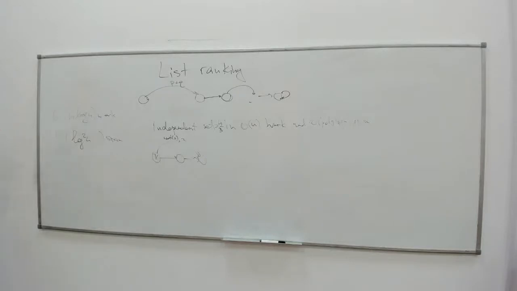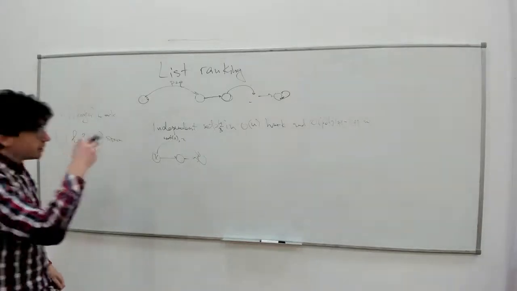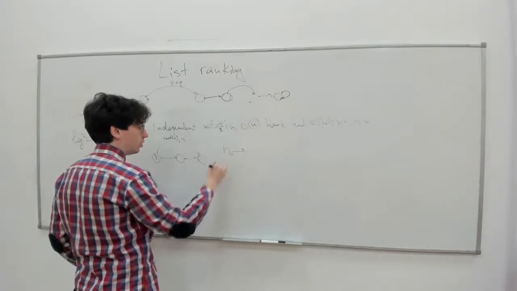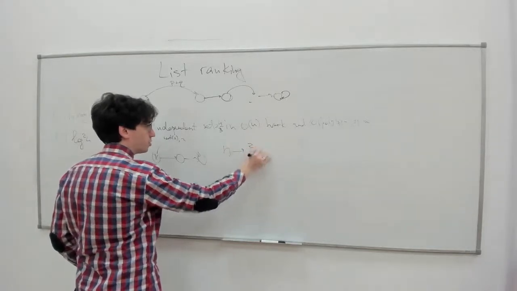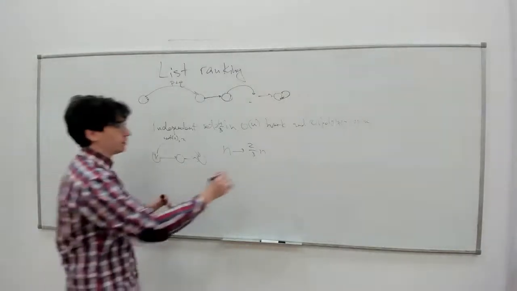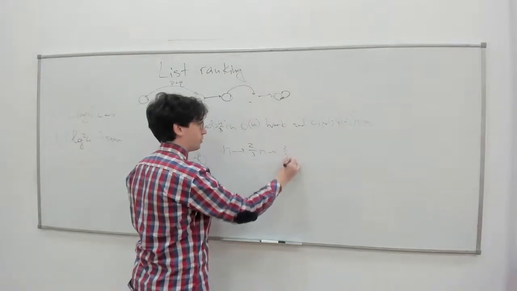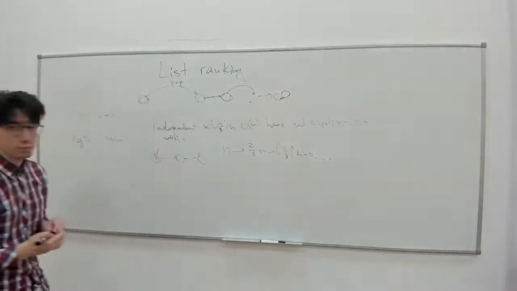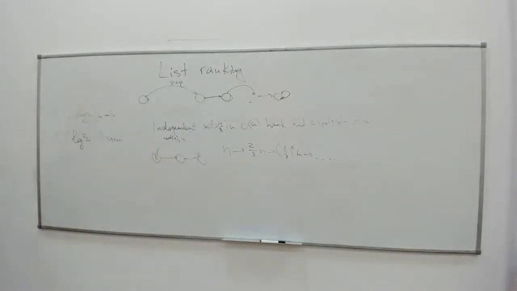Because our independent set is at least n/3, the new size of the list is 2/3 n, then 2/3 squared n, and so on. The only problem is how to restore everything.